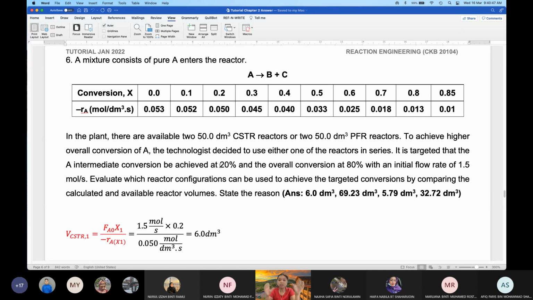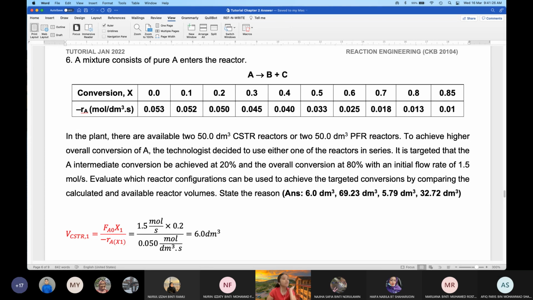The conversion in the first reactor, either the first CSTR or the first PFR, is X1 equal to 0.2. Whether you use PFR in series or CSTR in series, the conversion achieved in the first reactor must be 0.2. And overall conversion 80%, so the conversion at the second reactor, either the second CSTR or the second PFR, X2, is 0.8. Either system, the conversion in the second reactor must be 0.8.